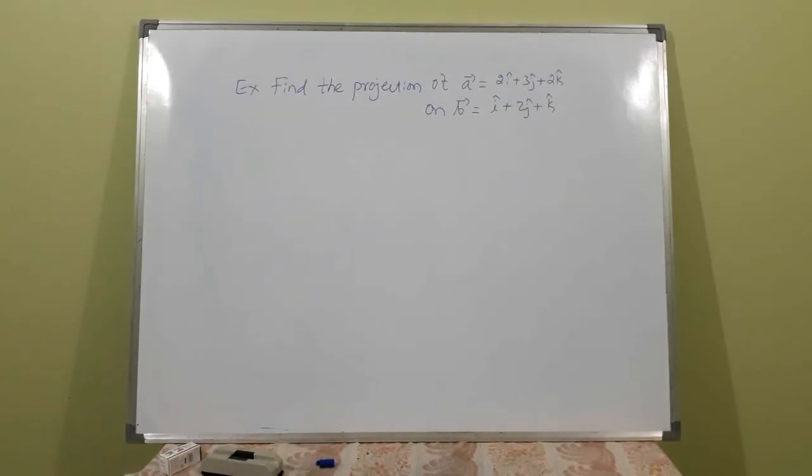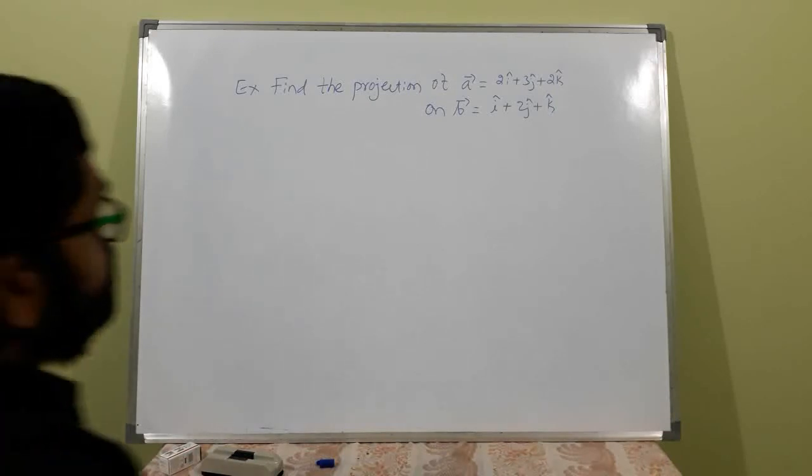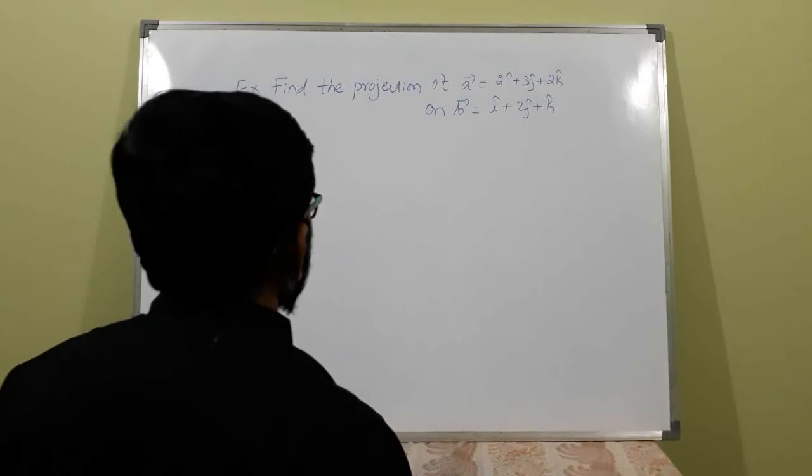Find the projection of A, 2i plus 3j plus 2k, on B, i plus 2j plus k.